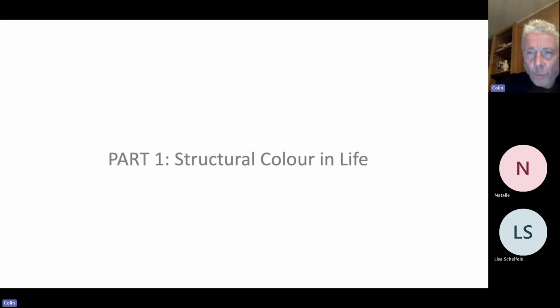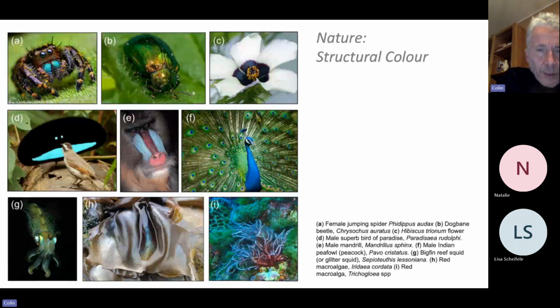What it is for living systems, and it's really common and really important in life. So all the organisms that I show here are either partially or completely structurally colored. And some of them you're going to know. You're obviously going to know the peacock.